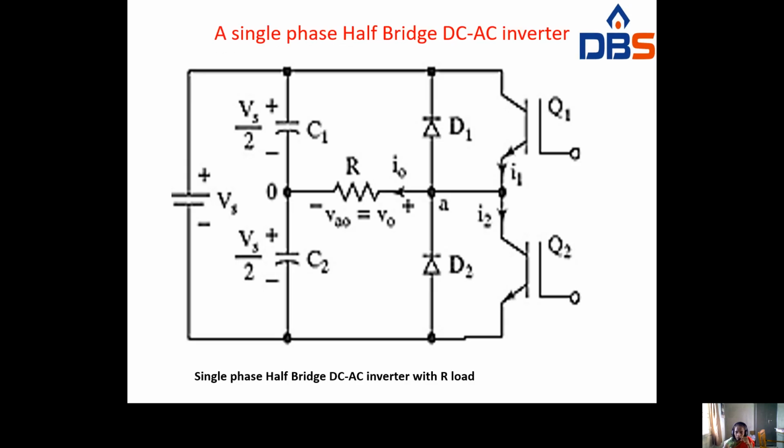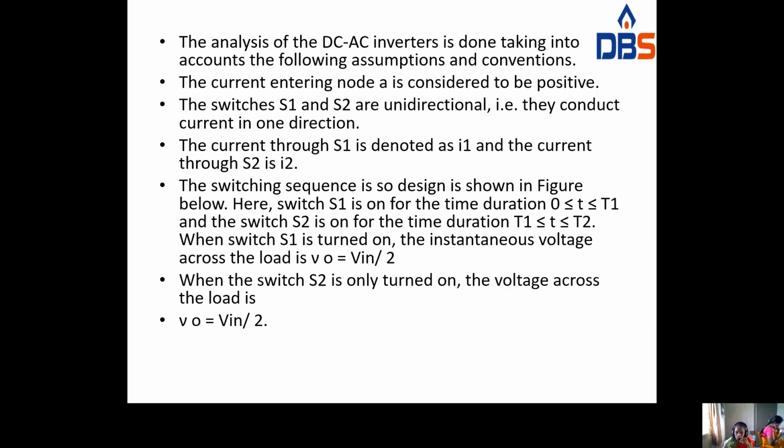The switching sequence is designed as in the figure below. Switch S1 is on for the time duration 0 less than or equal to t less than or equal to T1, and switch S2 will be operated in the duration T1 less than or equal to t less than or equal to T2.